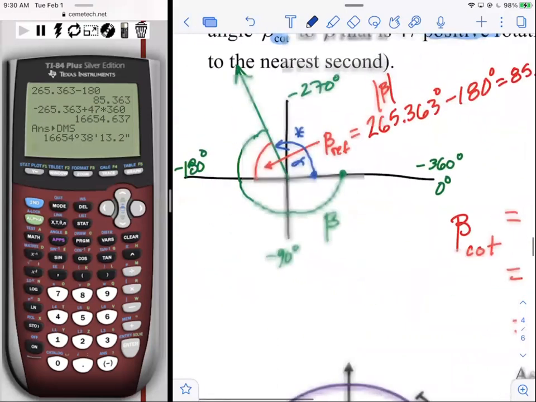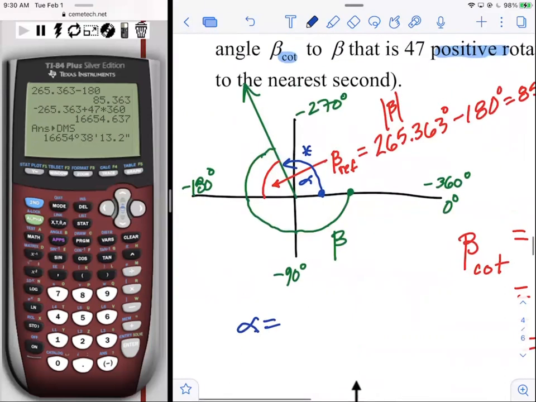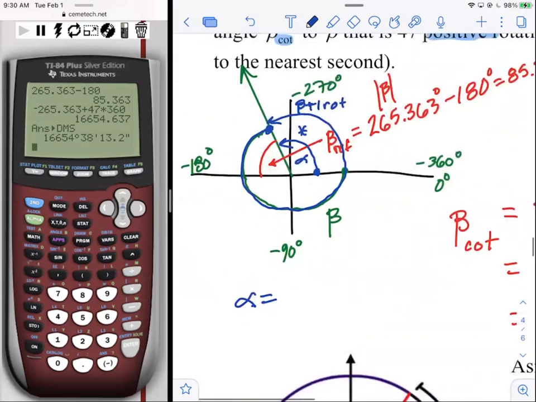Now, again, your picture tells you exactly what you need to do. How do I find alpha? Well, isn't alpha just one rotation away from beta? Beta plus one rotation. Yeah. So instead of adding 47 rotations to beta, let's just add one rotation to beta.